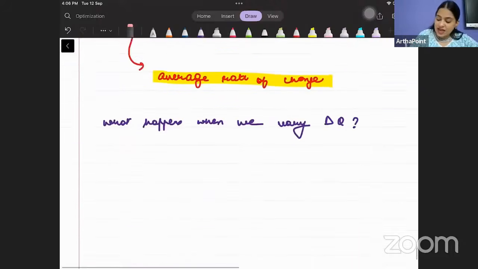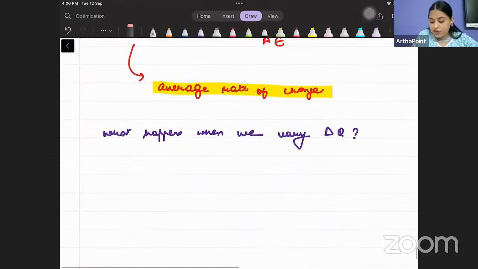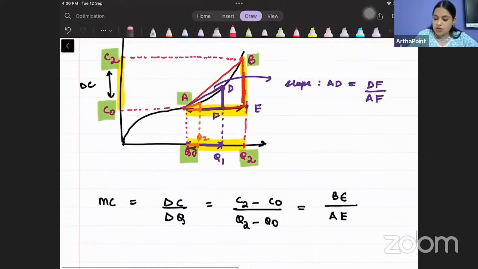So beta, as I keep reducing this quantity, as I keep reducing this change, look, first how big the change was. First my change was this much, right? So when I increased my quantity from Q0 to Q2, I went from here to the cost curve, and my cost changed by that much. So perpendicular by base became this.